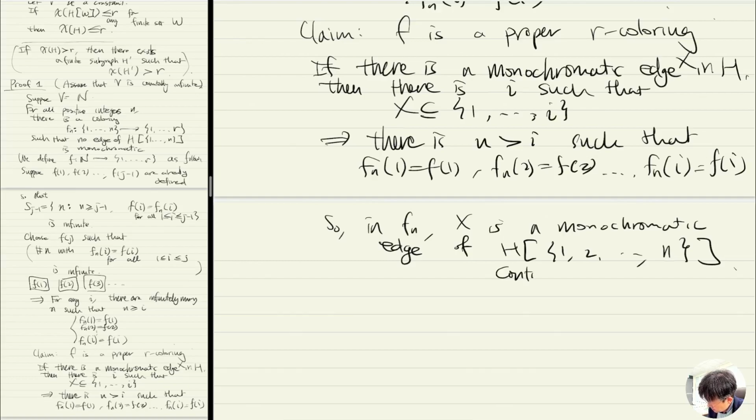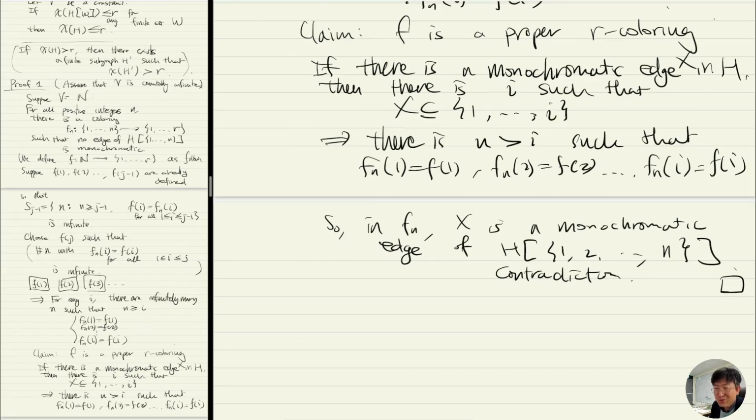That's a contradiction, because f_n is chosen to be a coloring such that no edge is monochromatic. All right, so that's the first proof.